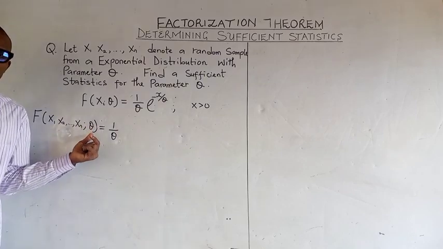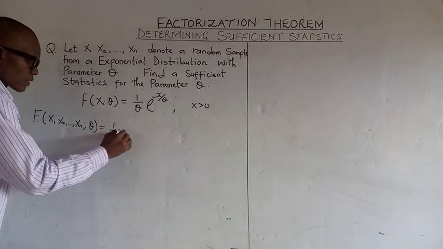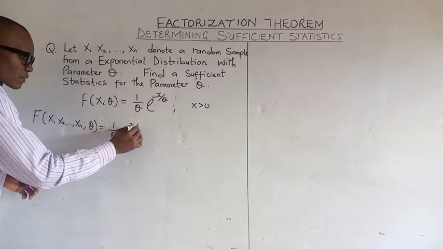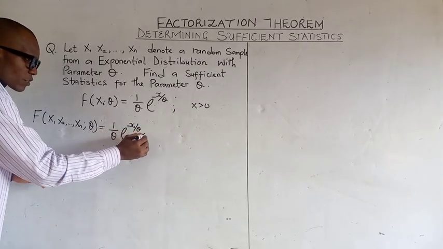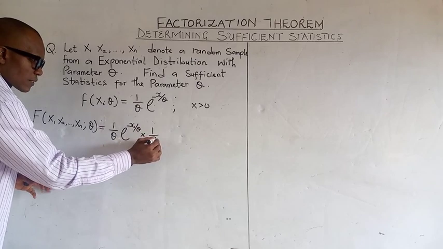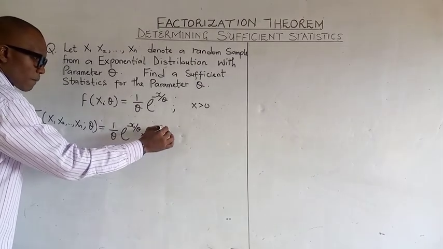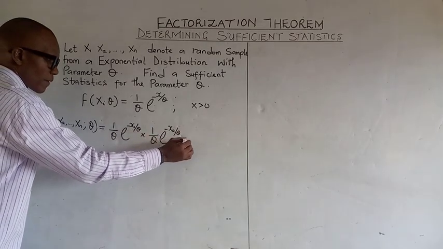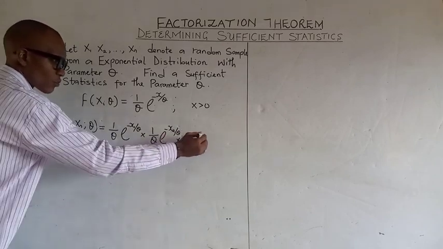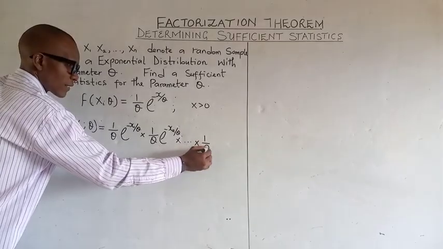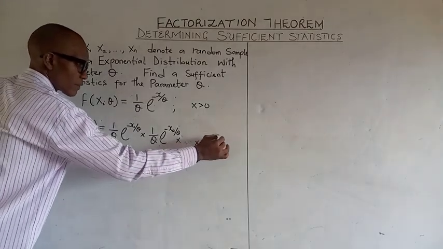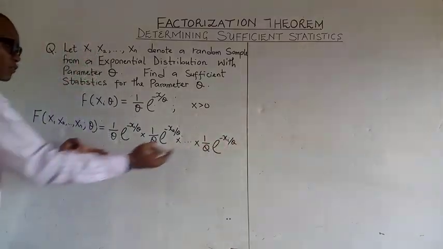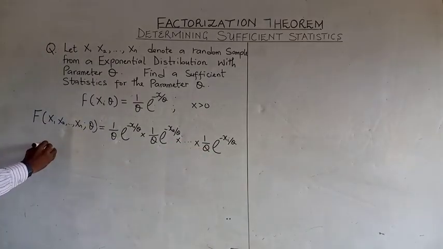We get 1 all over theta times exponential of minus x1 over theta, multiplied by 1 all over theta times exponential of minus x2 over theta, and it continues to give 1 all over theta times exponential of minus xi all over theta.